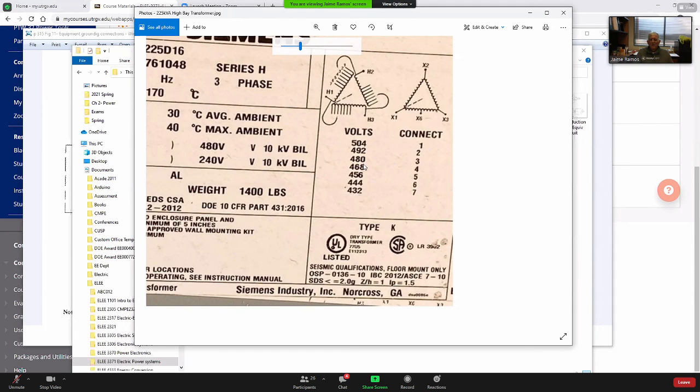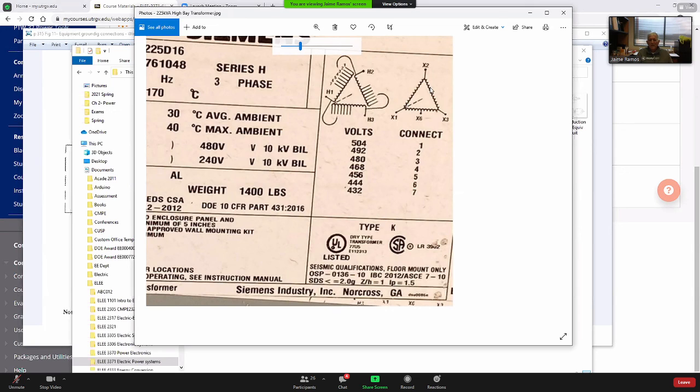But the idea is to maintain 240 on the secondary. However, if we are at the end of a long line, and the voltage drop comes down to 444, then if it were just a simple transformer, the secondary voltage would no longer be 240. But then we can move the taps and decrease the turns ratio so that it maintains 240 volts on the secondary.